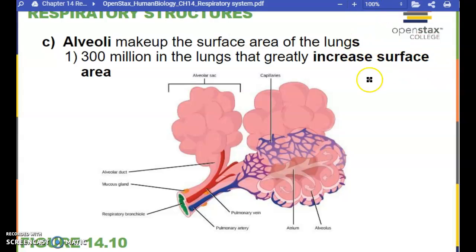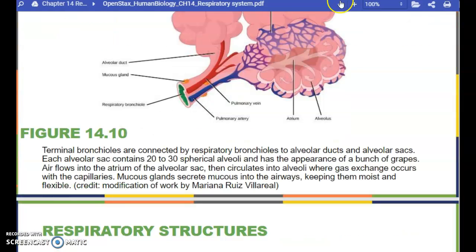Alveoli, I don't care about the surface area. I just want you to know what alveoli are. We already talked about those. This picture has blown it up a little bit more. You can see all those tiny little capillaries. Because they're represented in blue, I know that these are veins, even though they're not really blue. But in the red is the arteries, carrying oxygen-rich blood, and there would be tons of little red capillaries.